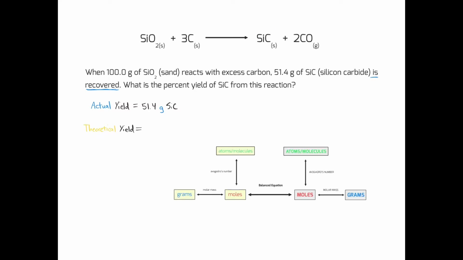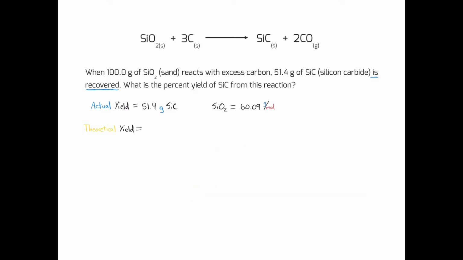So if we remember our diagram, that means we're going to be going from grams of silicon dioxide to grams of silicon carbide, which means that our first step is going to be to convert grams of silicon dioxide to moles of silicon dioxide, and we do that by using the molar mass of silicon dioxide. And if we use our periodic table, we calculate the molar mass of silicon dioxide at 60.09 grams per mole, and this is rounded to 4 significant figures.